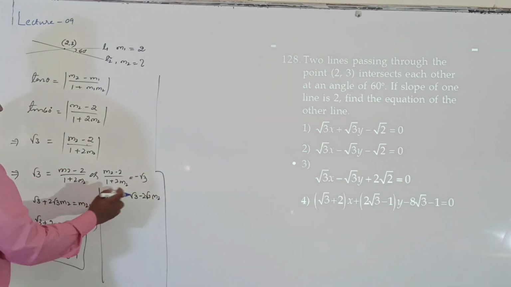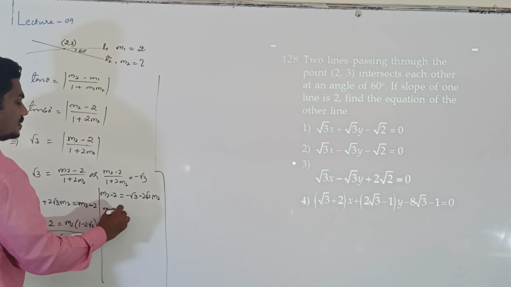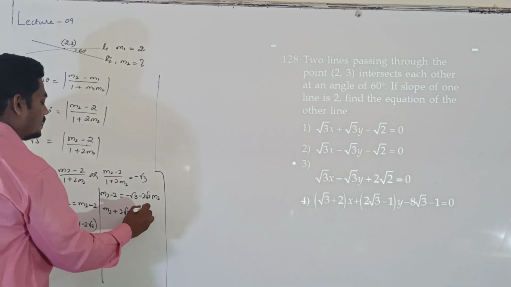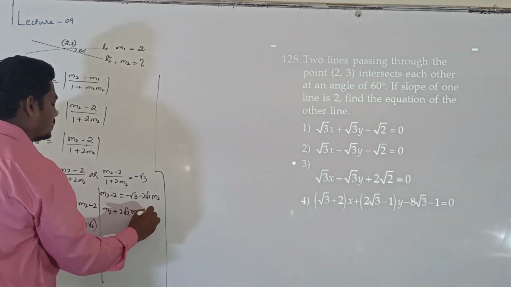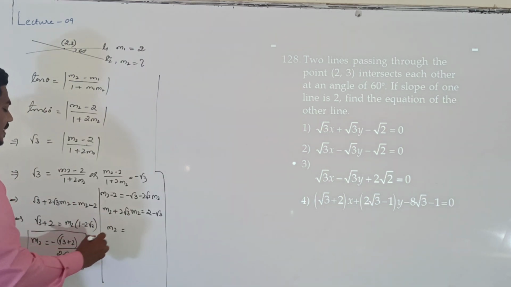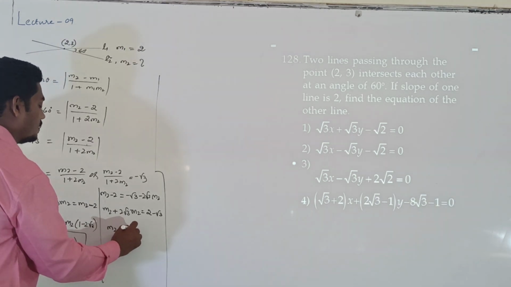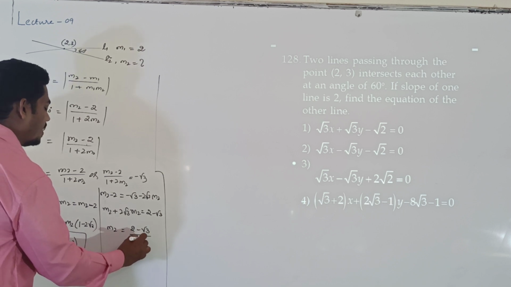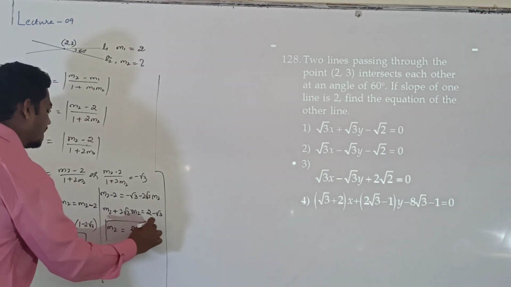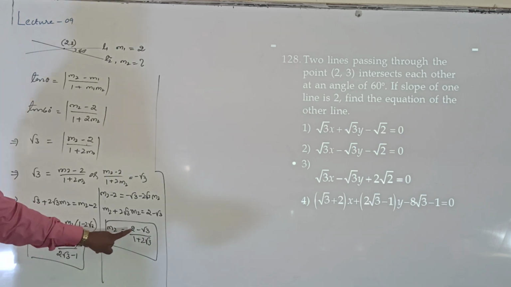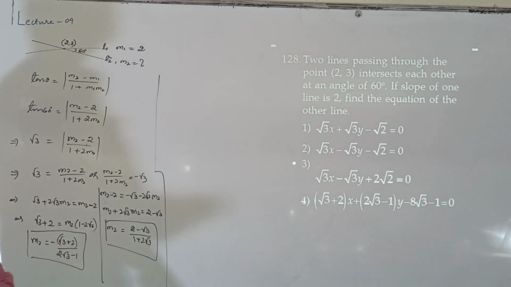Then just rearrangement, take this into LHS, that is m2 plus 2 root 3 into m2 is equal to, send it to RHS, then 2 minus root 3, taking m2 common, m2 is equal to 2 minus root 3 divided by 1 plus 2 root 3. Slope of other line is minus of root 3 plus 2 divided by 2 root 3 minus 1, or 2 minus root 3 divided by 1 plus 2 root 3.